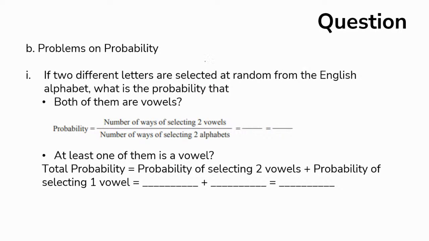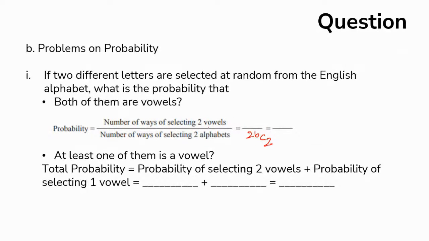Probability is given by favorable events over sample space. What is the way of selecting two alphabets from the English alphabet? Out of 26 alphabets you have to select two, and selection is done through combinations, so 26C2.